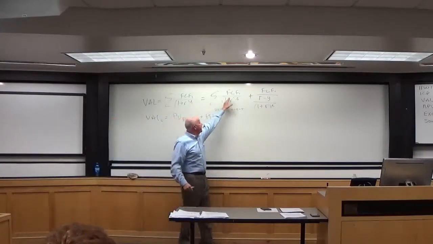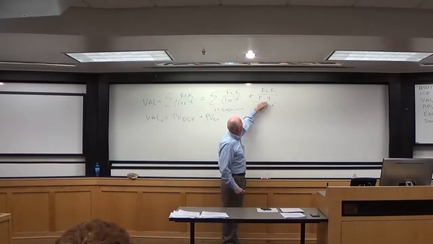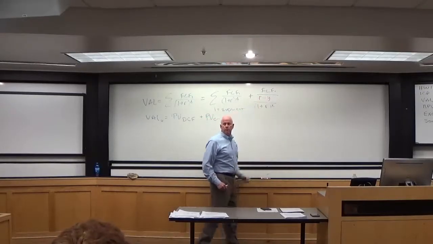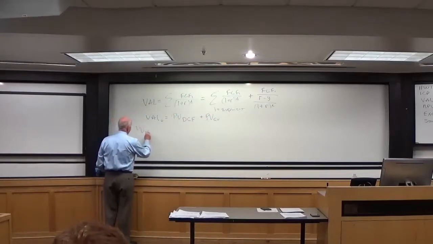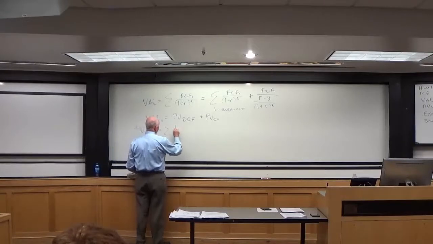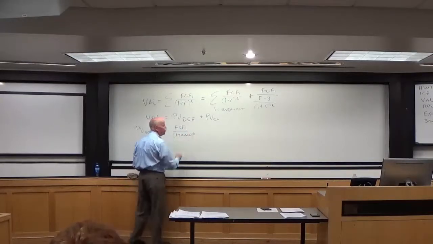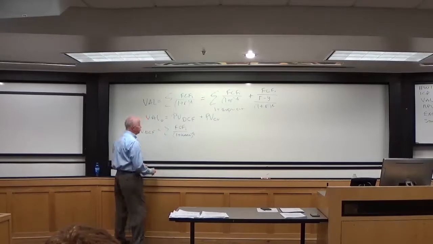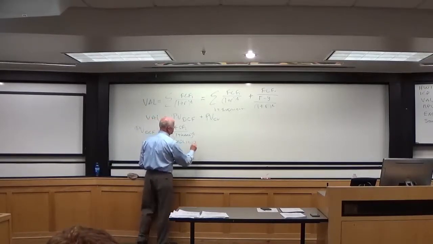Present value of the discounted cash flow during the explicit period, present value of the continuing value. Present value of the discounted cash flow is equal to the sum of those cash flows, and I'll just say those are free cash flows, I like that, divided by 1 plus, and now I'm going to say WACC, which is just one of the various versions of R, during our explicit period, whatever we have decided it to be.